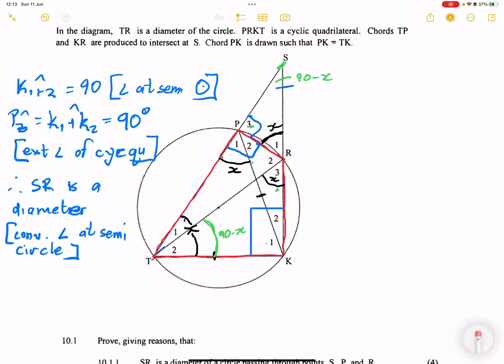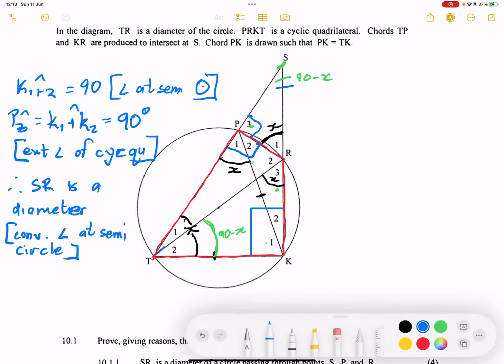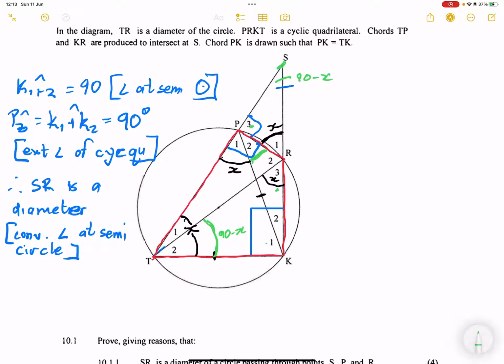So we've already actually proven, in a sense, that angle P2 is equal to that angle S. So what we did was to just name our angle P1 as X. Let's prove that P2 is actually equal to 90 minus X.